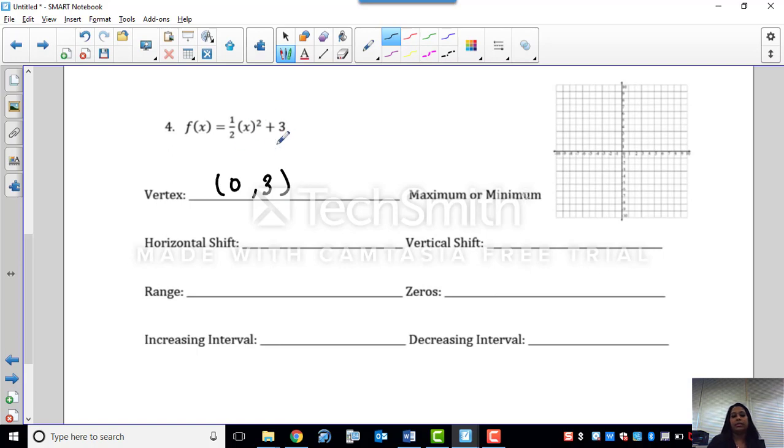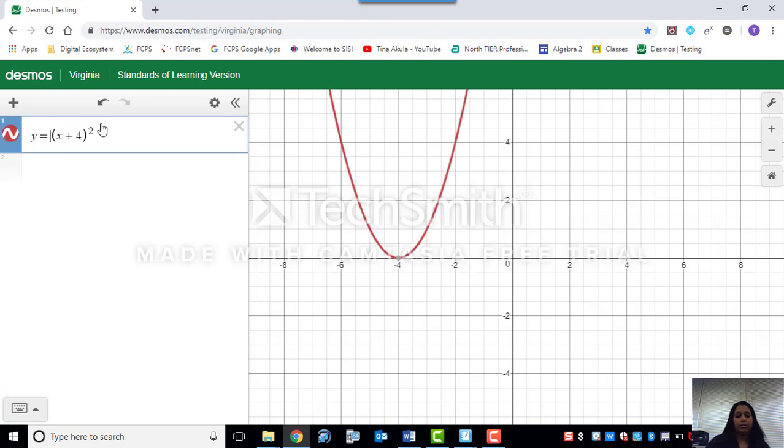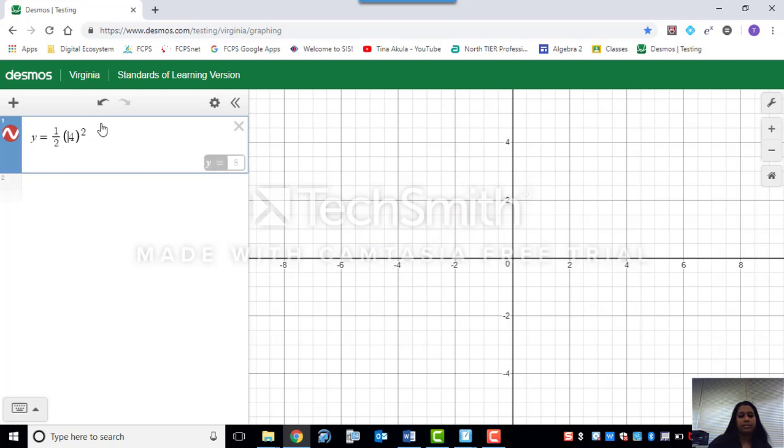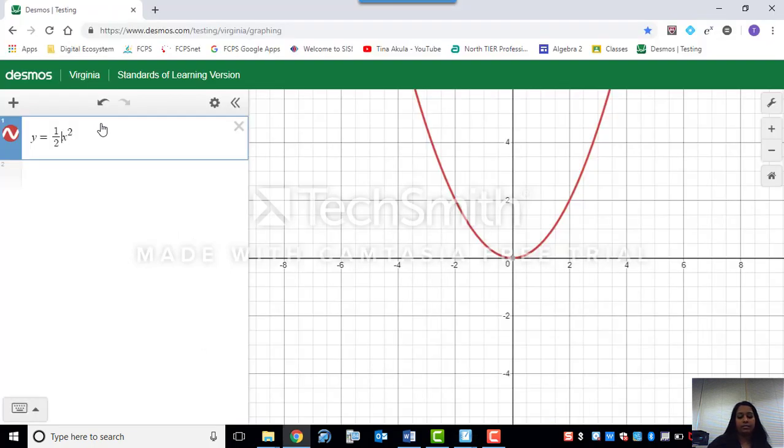So 1/2 x squared plus 3. Did it have parentheses? Yeah, it did. x squared plus 3.